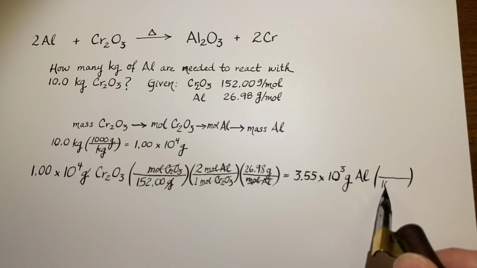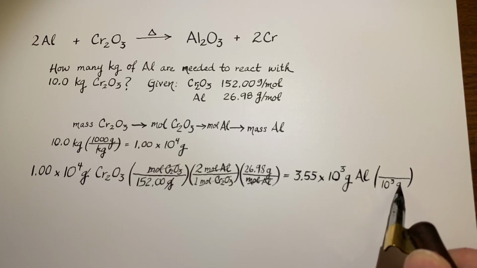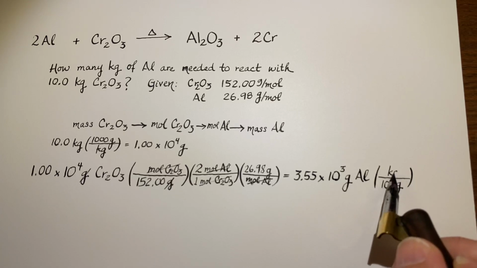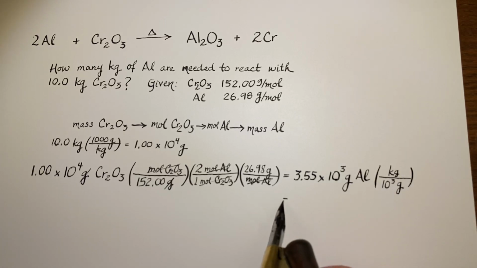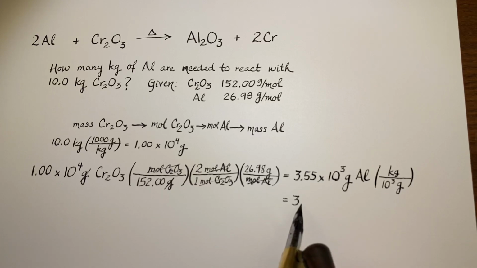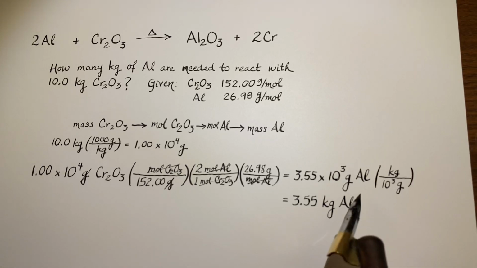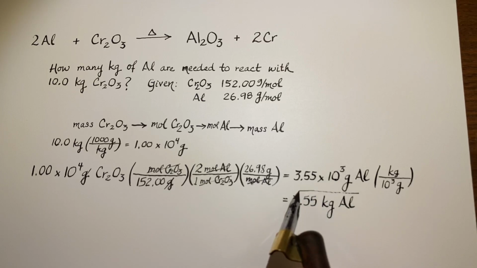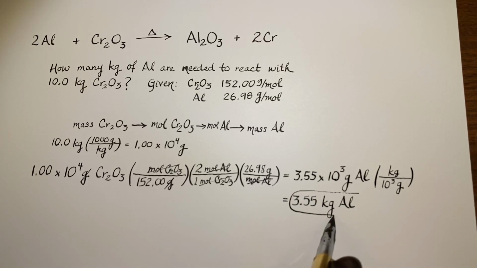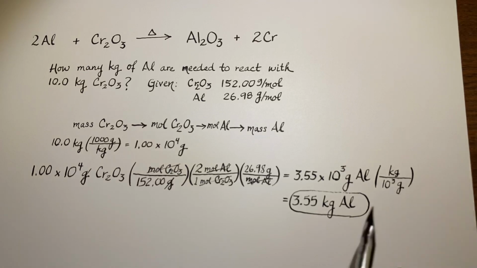So here we'll put 10 to the third grams per kilogram. 3.55 kilograms of aluminum metal. There is our final result.